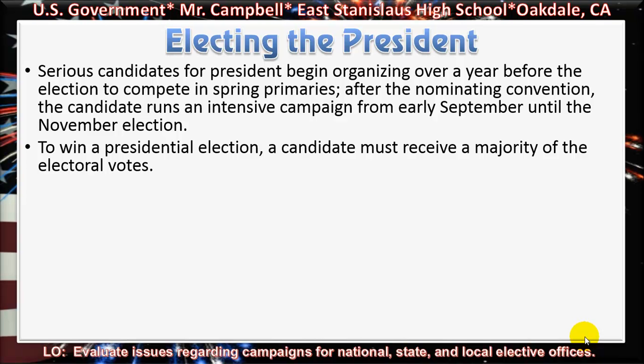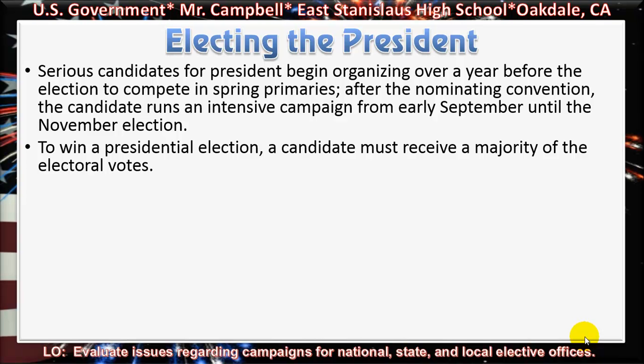Now, oftentimes, the candidate that wins the Electoral College also wins the popular vote. But more specifically, the focus is on what they call swing states, states that could go either way. Usually going into an election, they have a pretty good idea of what direction some states are going to go.